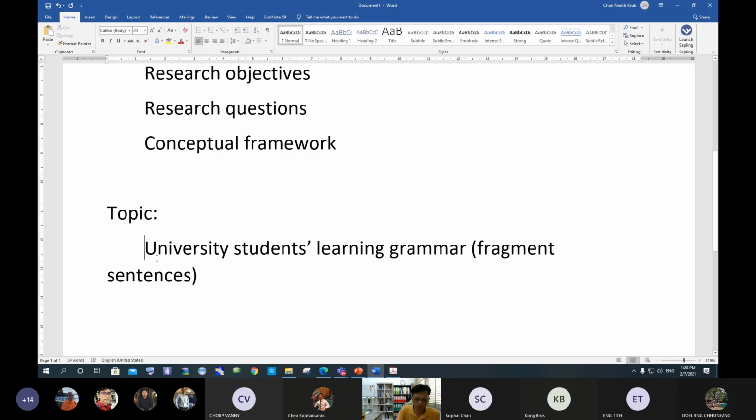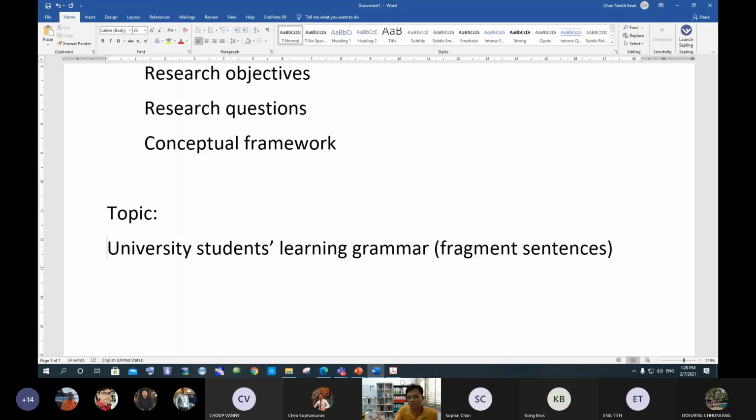This is just the example that popped up in my mind when you asked me the question. If your topic is about university students learning grammar, of course, when we talk about grammar, it is broad. So we want to be specific about a particular kind of grammar. So you talk about fragment sentences.